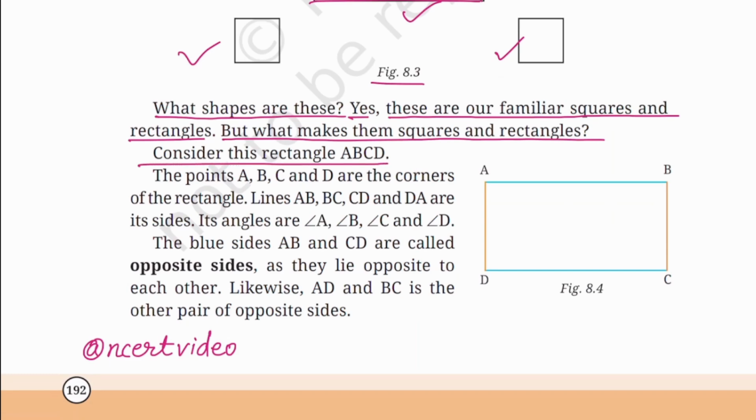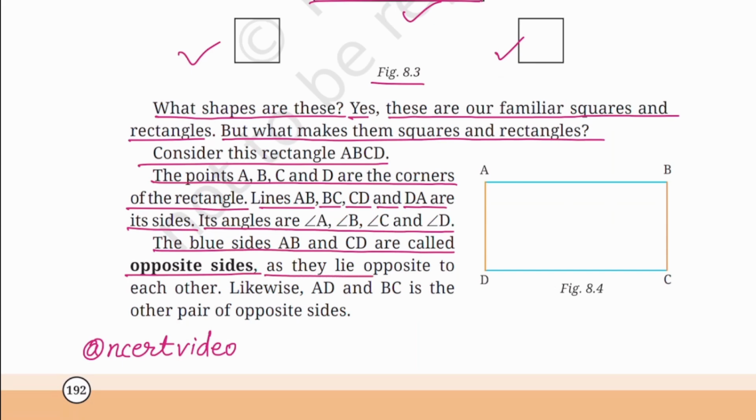Consider this rectangle ABCD. The points A, B, C and D are the corners of the rectangle. Lines AB, BC, CD and DA are its sides. Its angles are angle A, angle B, angle C and angle D. The blue sides AB and CD are called opposite sides as they lie opposite to each other.